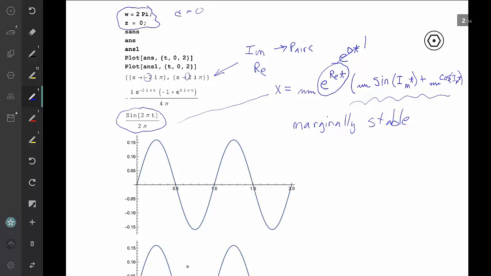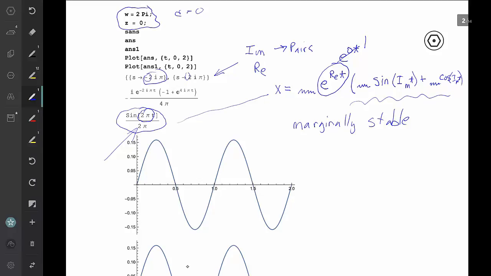But the point is, it has some sines and maybe some cosines in the solution. The other thing to notice is that it does match up. The imaginary term is 2 pi, right here, and that shows up right there in the sine, 2 pi. This guy right here in the denominator is part of the initial condition. That just depends on how much you pushed it when you got it started. But the point is that it has a sine.